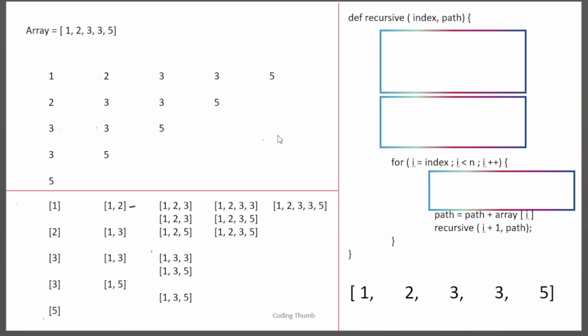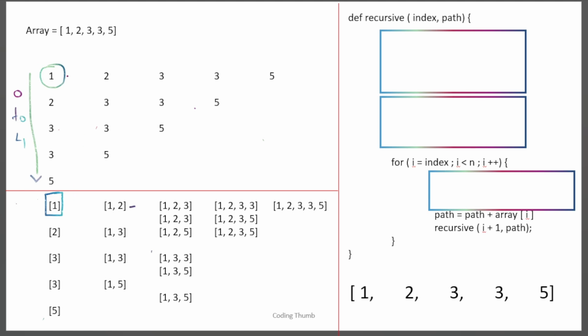Let's take an example which contains duplicate elements: 1, 2, 3, 3, and 5. And how does our code evolve now, to save our answers of the combinations that we get and to also avoid any duplicate results? So in this example, we go from i 0 to 4, and when we are at 0, our array is just 1.